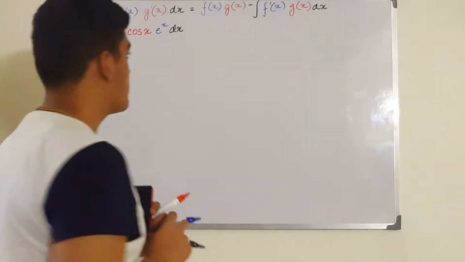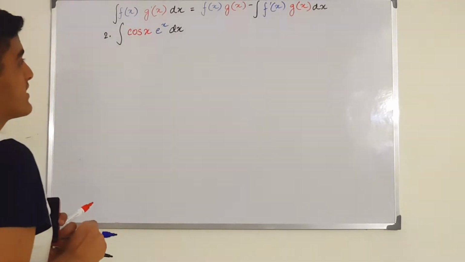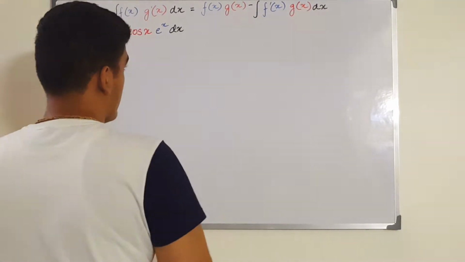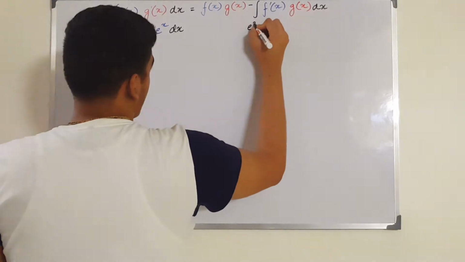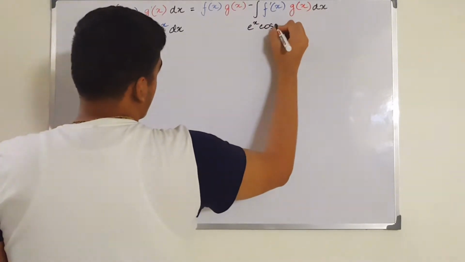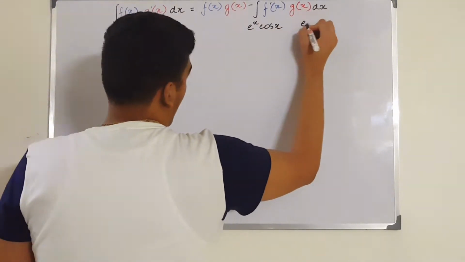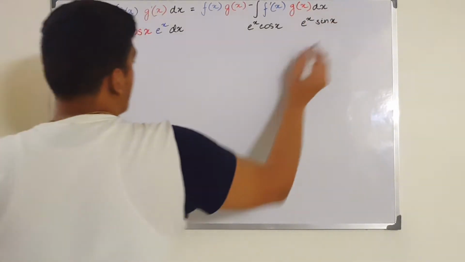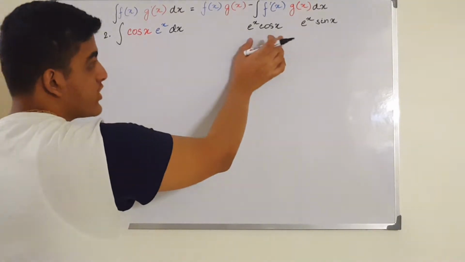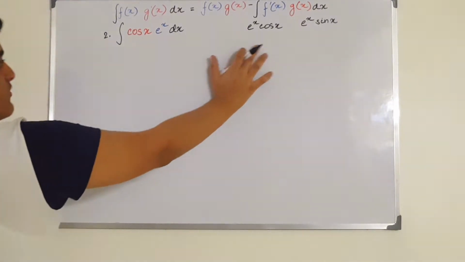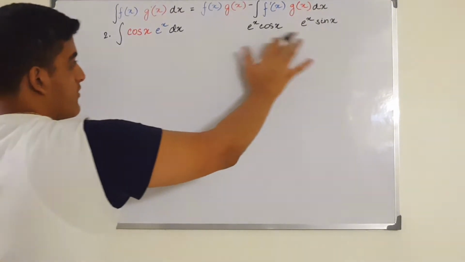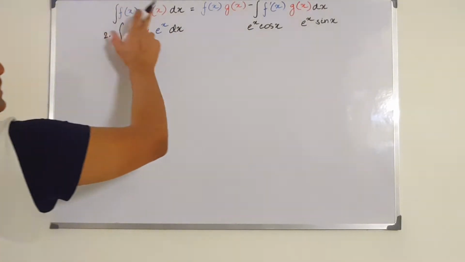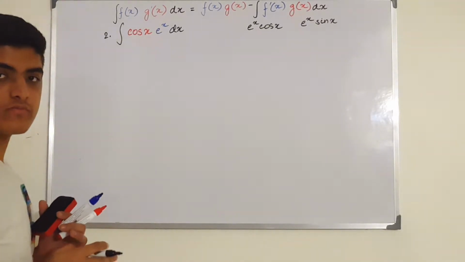This is an exception for technically only 2 terms in basic integration by parts. When we integrate either e to the power x cos x or e to the power x sin x, we're supposed to integrate it in this way, which means that f of x is e to the power x and cos x or sin x would be g prime x.